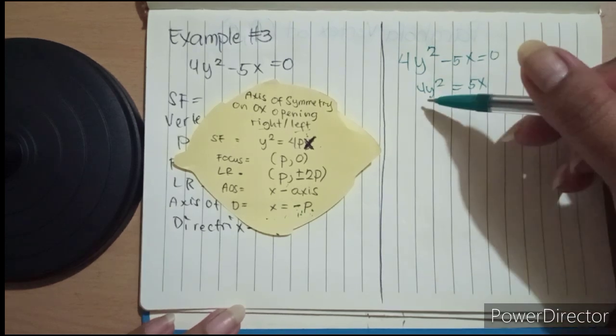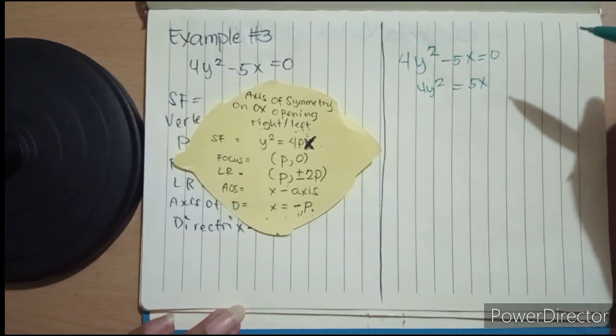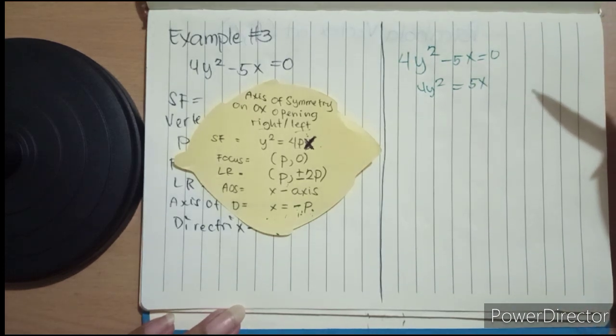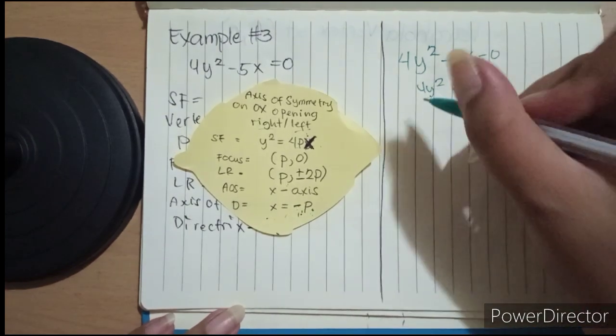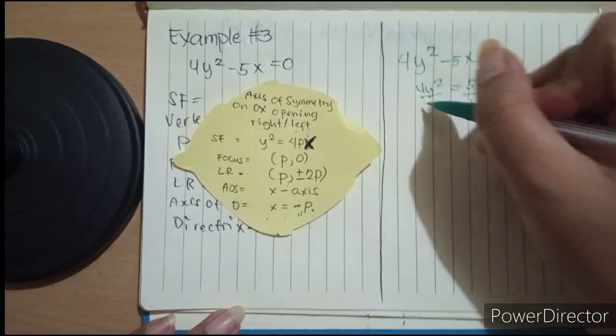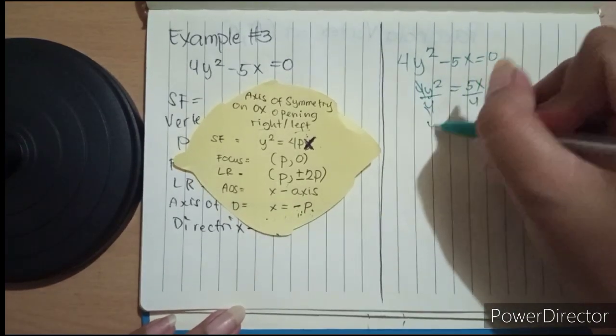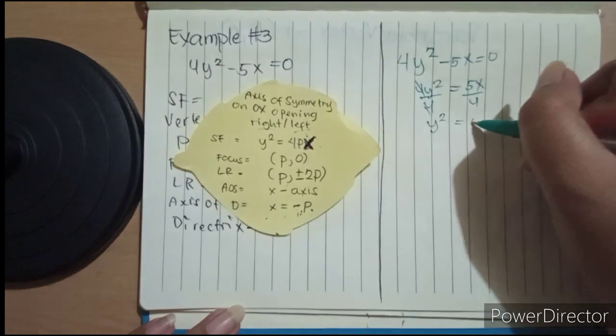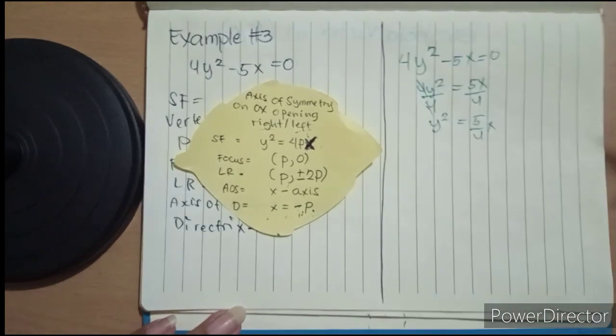Since may kasama yung y squared natin, dapat 1 lang yung value nun. So, we're going to divide both sides by 4 para ma-eliminate si 4 dito. Cancel. So, may iwan na lang si y squared is equal to 5 over 4x.